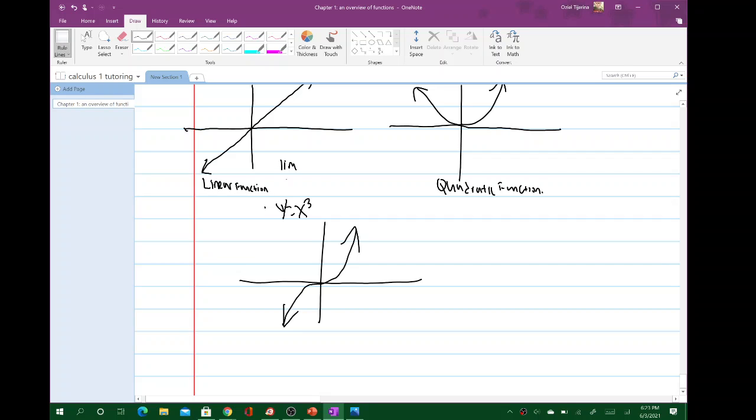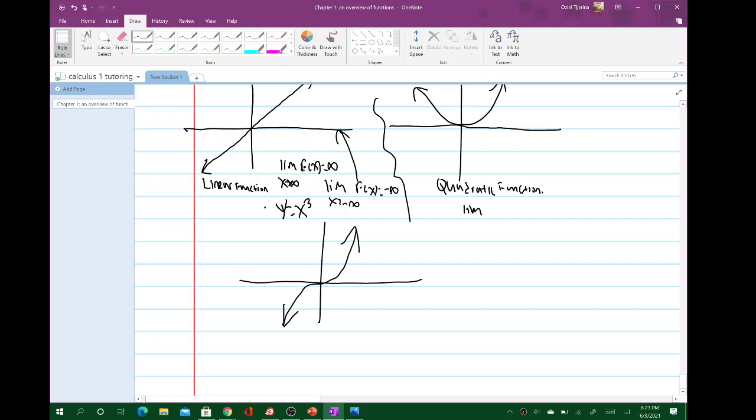So the limit as x approaches infinity of f of x is infinity, and the limit as x approaches negative infinity of f of x is negative infinity.